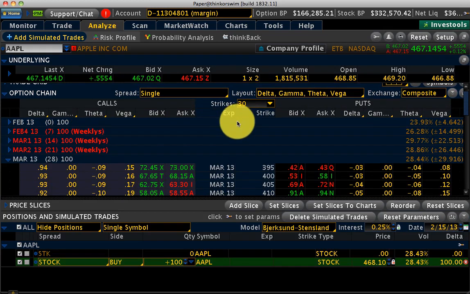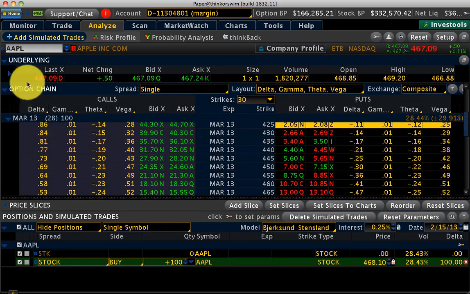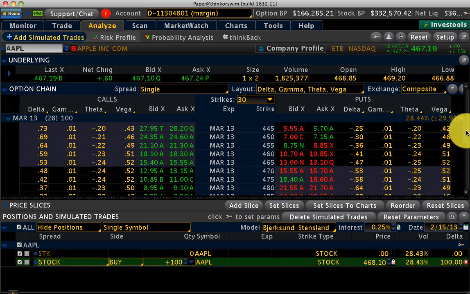So you would come to the March series and you would look at the price where you bought Apple. So today it's trading at 467. And let's say you bought it at 450. So you're concerned about Apple going below 450 and you would like to protect yourself. Now you can see if you buy a put option, it's going to cost you some money.